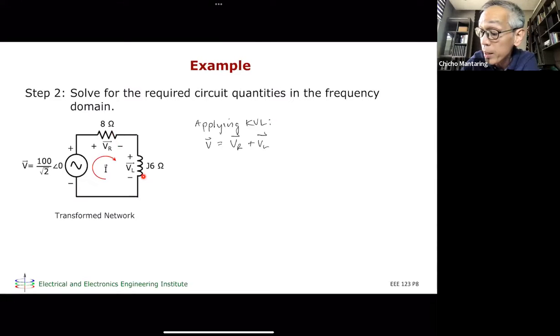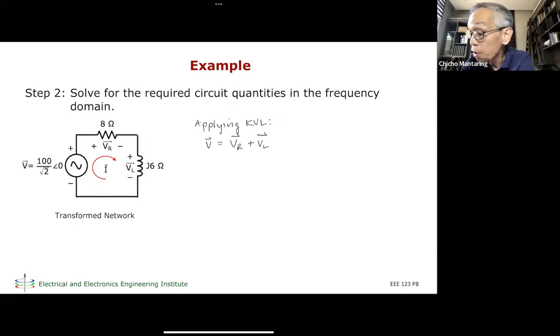The voltage across my inductance will also be a phasor, and my current will be a phasor. So V is equal to V_R plus V_L. Of course, we follow the polarity. This is a voltage rise. This is a voltage drop. This is a voltage drop. So KVL: the sum of the voltage rises is equal to the sum of the voltage drops.